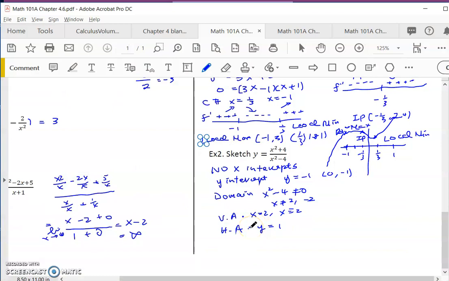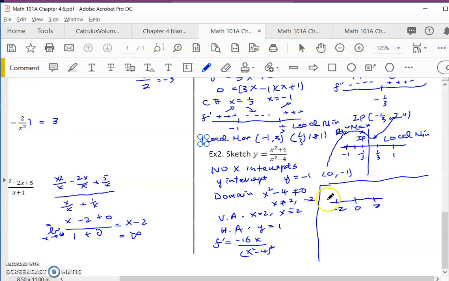Let's write it down in here. We can say, to recall what we just did, our f prime is equal to -16x over (x squared minus 4) squared. So we would have -2, 0, and 2.